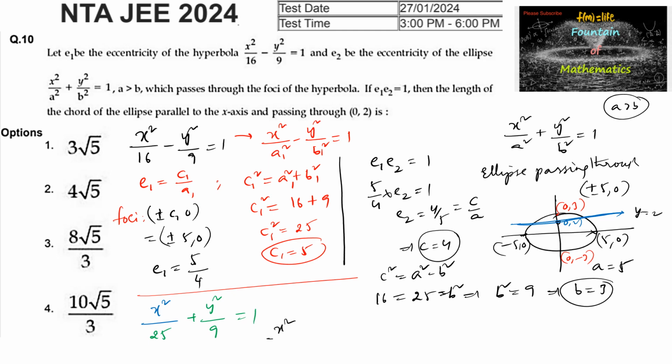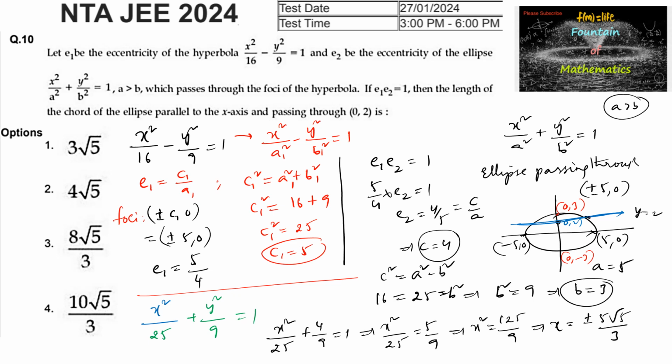So we have x square by 25 plus y square, that is 4 divided by 9, is equal to 1. So x square upon 25 is equal to 1 minus 4 upon 9, that is 5 by 9, or x square is equal to 125 divided by 9. So which implies x is equal to plus or minus 5 root 5 divided by 3.